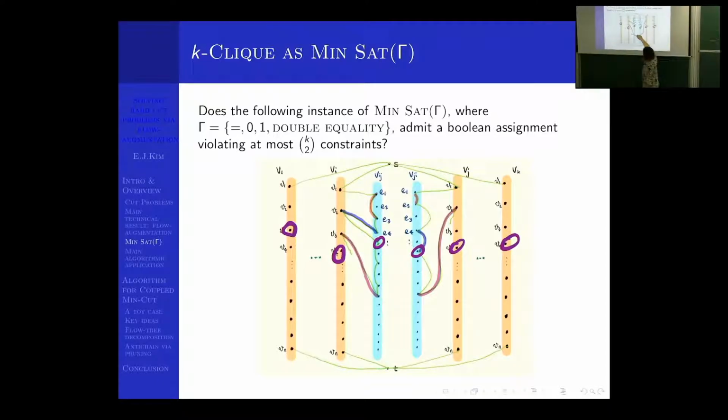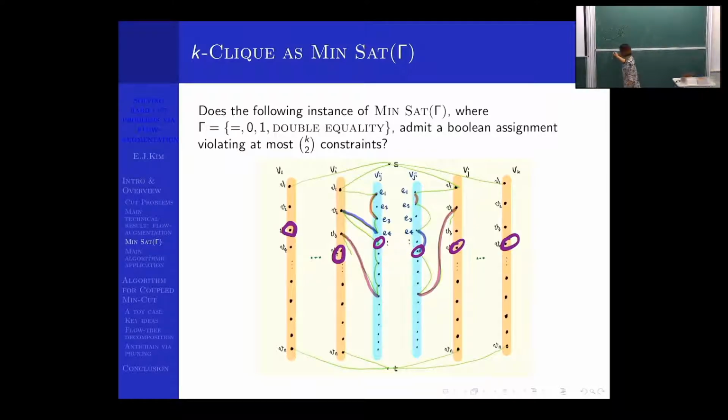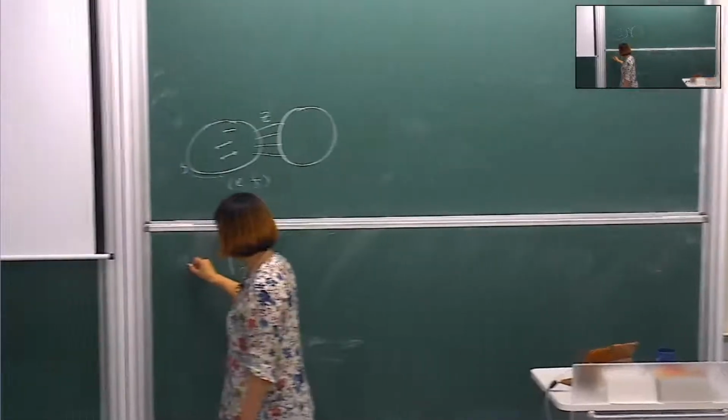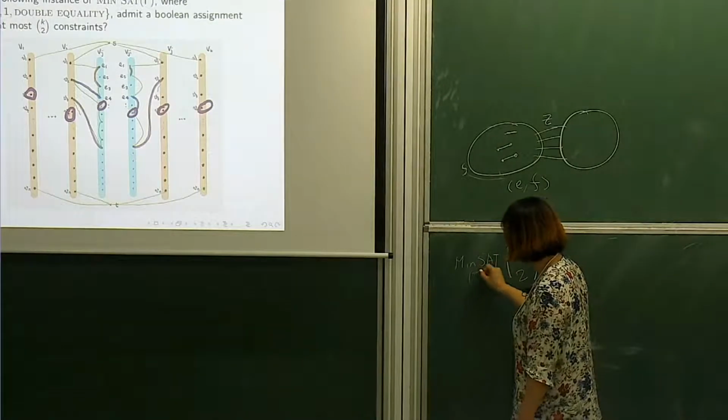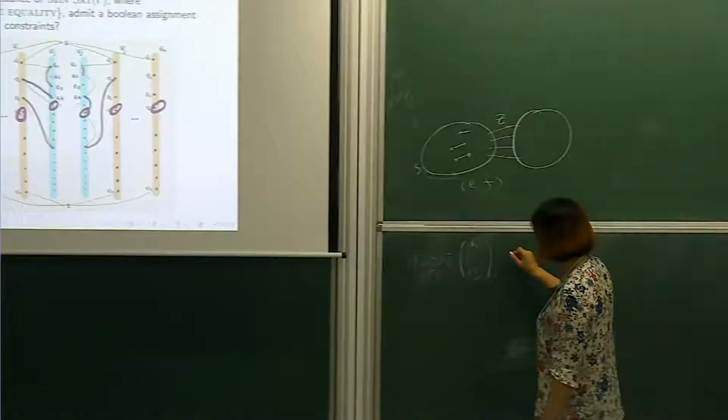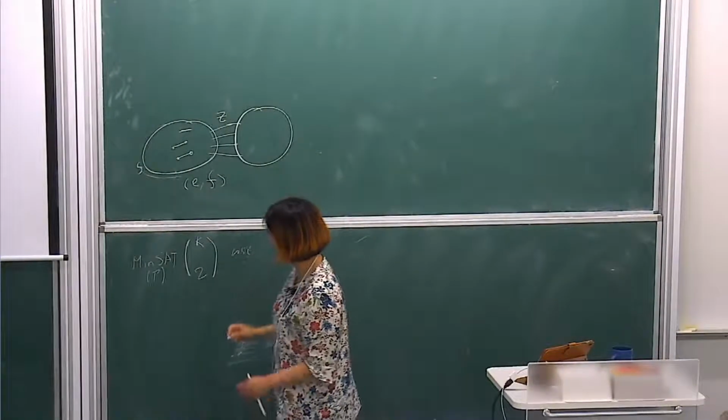So now I'm looking for a min ST cut of cost k choose 2. This is the problem that I want to solve: min set gamma with this cost.